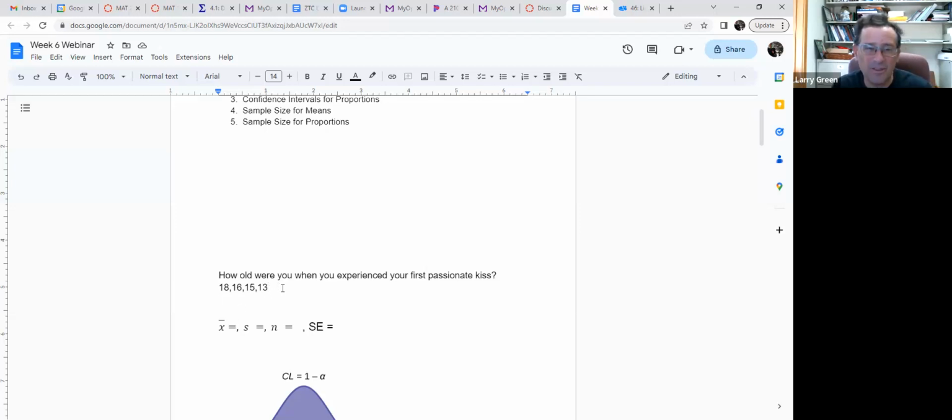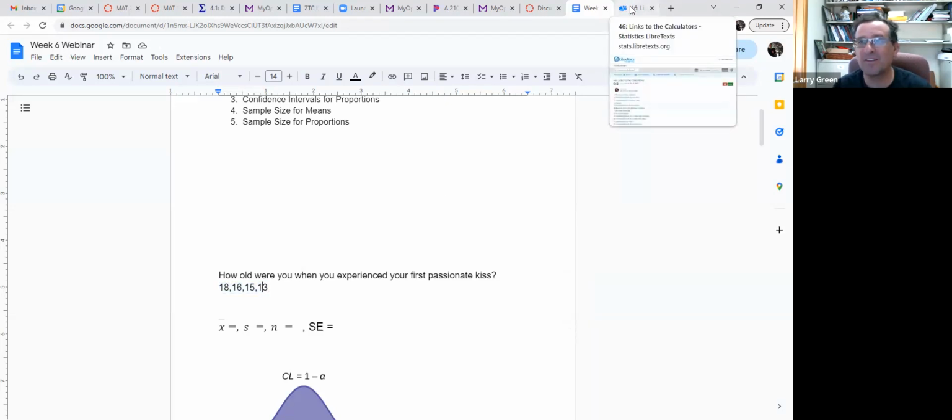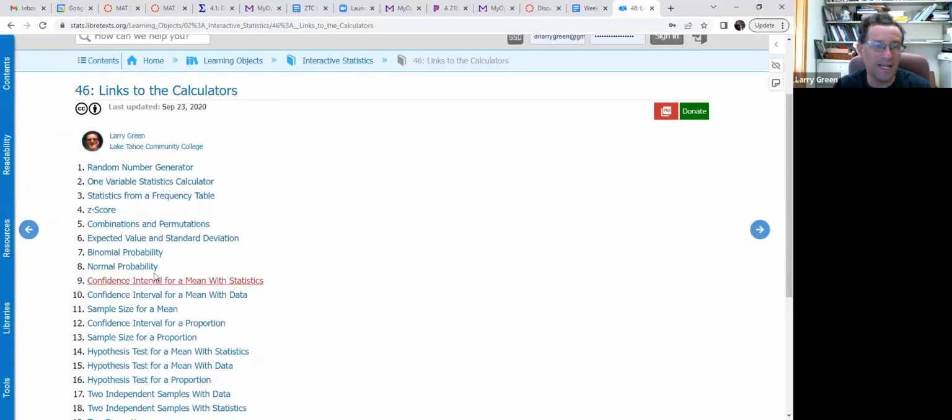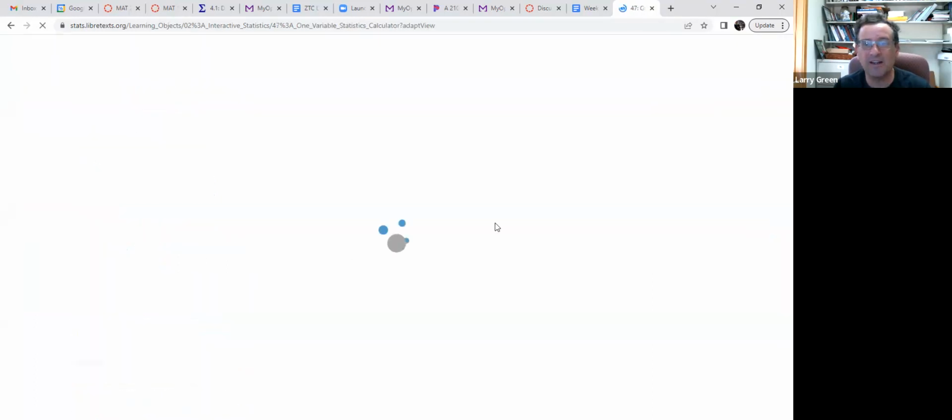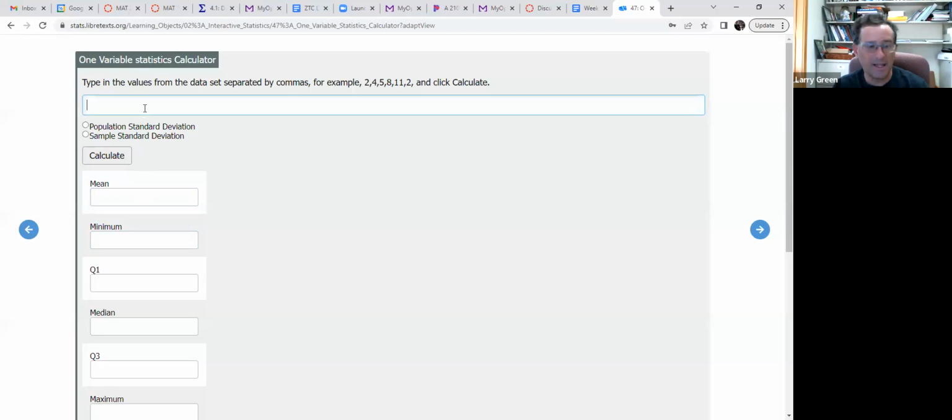Okay, so the first thing I can do is take these numbers and get statistics out of them. I can get my sample statistics. So I can go to the one variable statistics calculator. I can pop in the numbers, copy and paste. This is a sample.